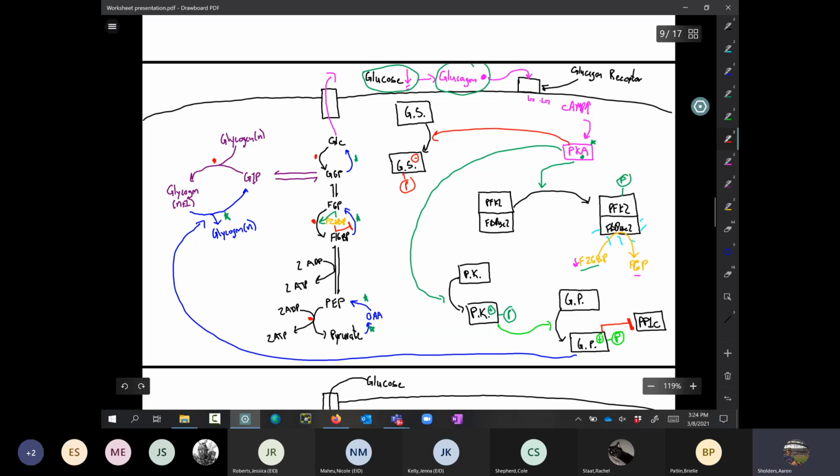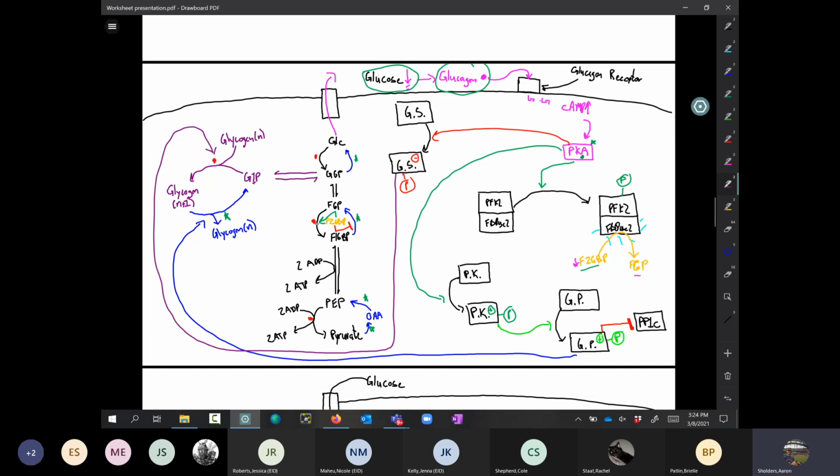Now what is glycogen synthase going to do? Well, glycogen synthase is going to do this. It's going to make glycogen. All right, so you can see how PKA is inhibiting pretty much anything that makes glycogen, or, I'm sorry, not glycogen, glucose. PKA is pretty much going to inhibit anything that's going to use glucose.